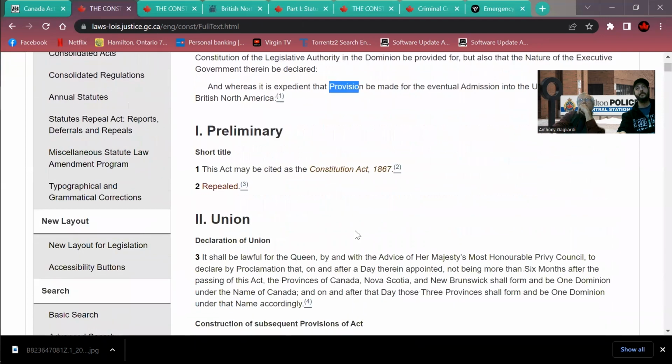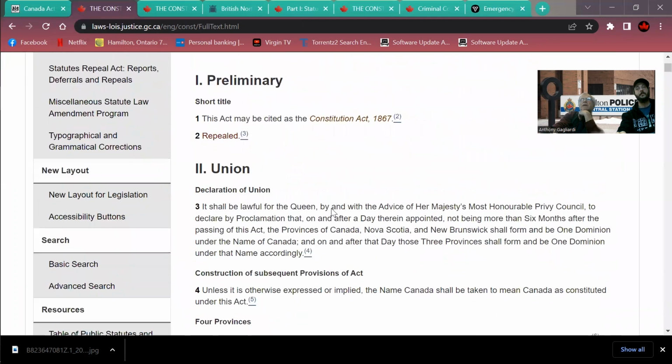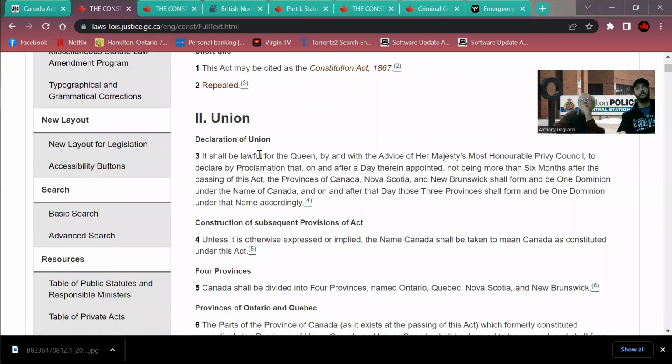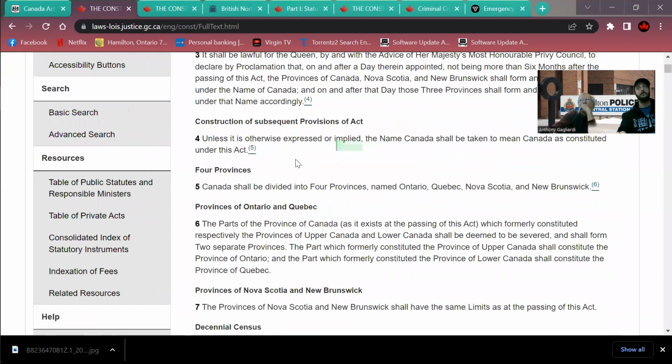So let's go through some of the sections here in the 1867 Constitution Act. In Section 3, this is all about the Queen. It shall be lawful for the Queen to declare by proclamation that basically Canada will be one dominion. Section 4, Section 5, Canada is to be divided into the provinces.